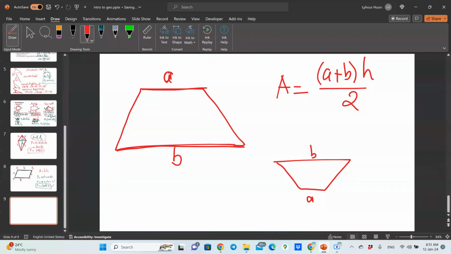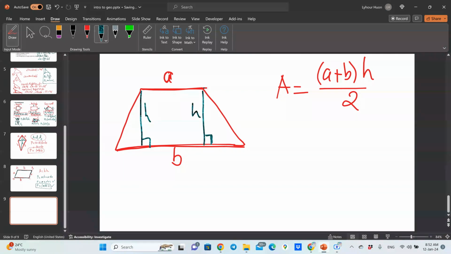Or you can switch them: the bigger base can be A, the smaller base can be B. It's up to you, the one who notes it. And the height is from this vertex to here. It will be the same. So this height or this height will be the same, right? Can you see this?